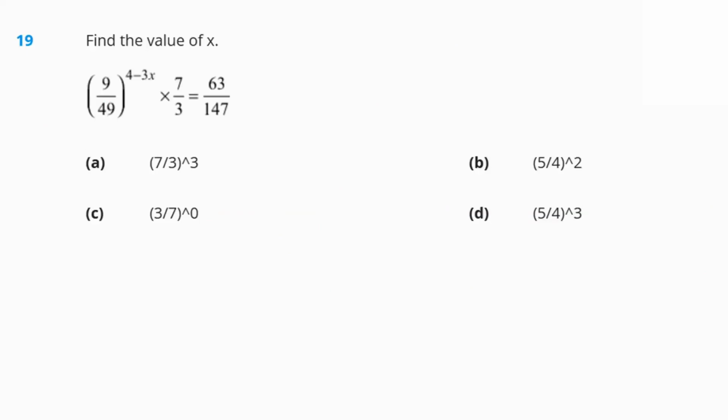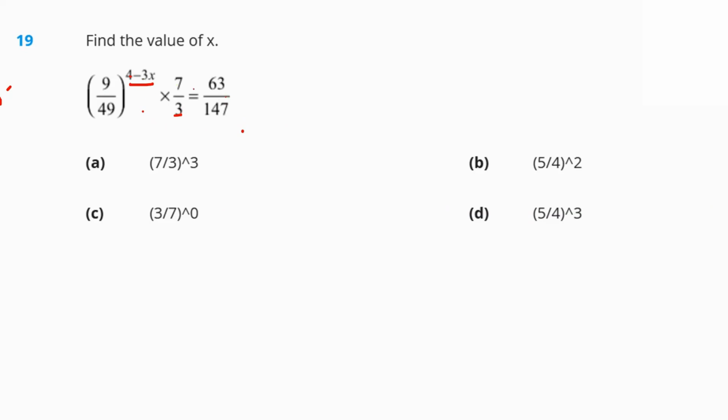Next, question number 19. 9 by 49 whole to the power 4 minus 3x multiplied by 7 by 3 is equal to 63 by 147.